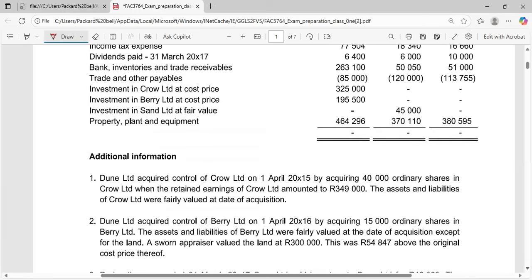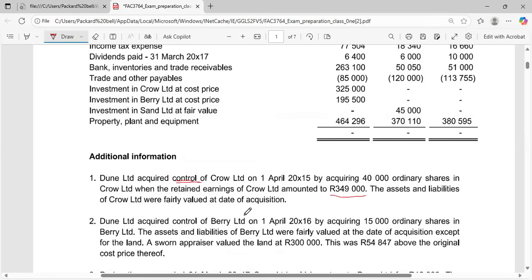So additional information says, number one, June Limited acquired control. This is a keyword that you should pick when you are answering your question. They acquired control of Crow Limited on 1 April 2015 by acquiring 40,000 ordinary shares in Crow Limited when the retained earnings of Crow Limited amounted to 349,000.